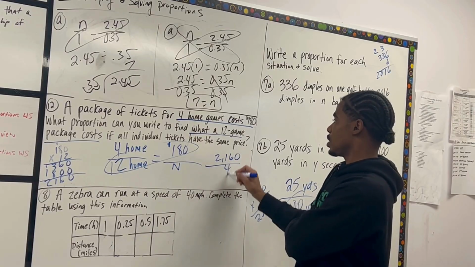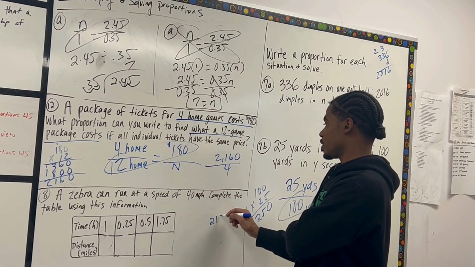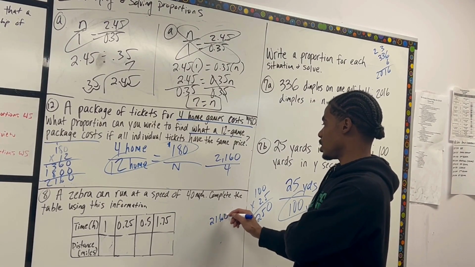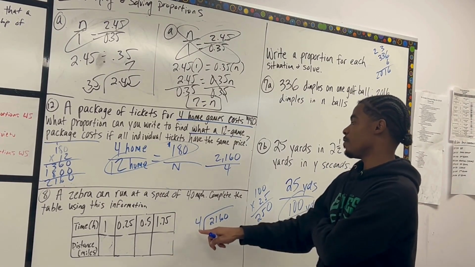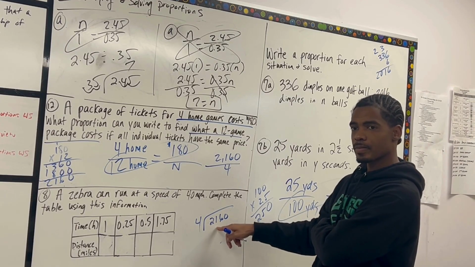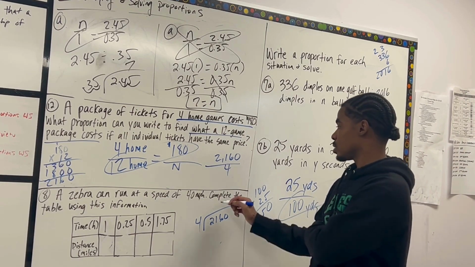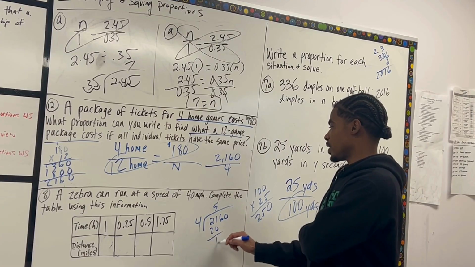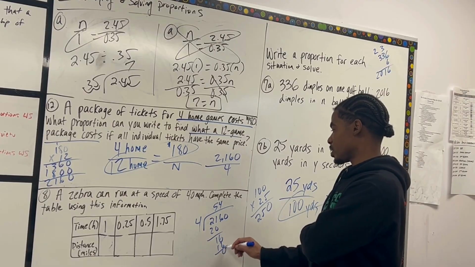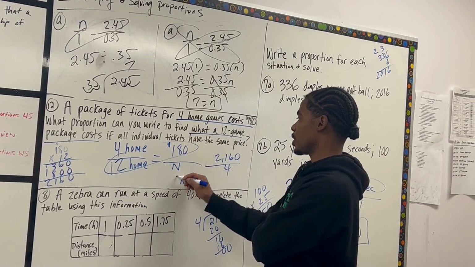So I'm gonna do this right here, 2,160 divided by 4. 4 can go into 21 how many times? 5 times. Then that's 16. 4 can go into 16 how many times? 4. And obviously it's a 0. So that would have given us n equals 540.